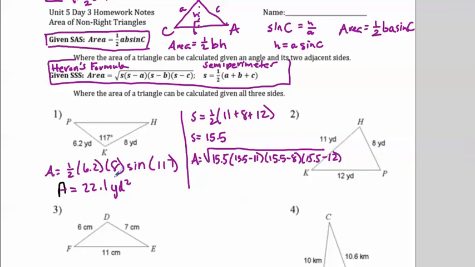And just to save myself some typing, I'm going to go one more step. So square root 15.5 minus 11 would be 4.5, minus 8, 7.5, and minus 12 is 3.5.